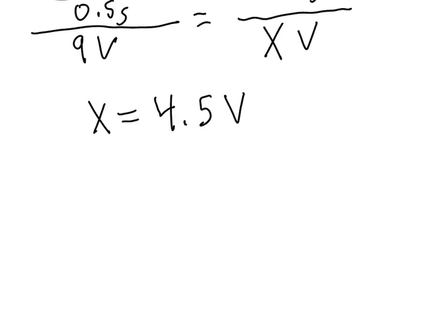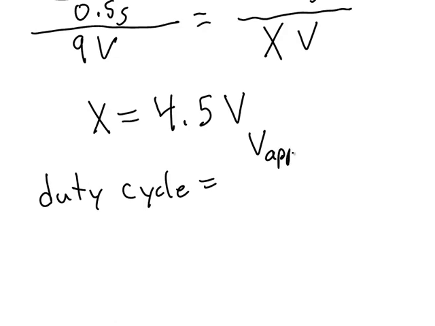So remember that the duty cycle is equal to the voltage we're trying to apply divided by the maximum voltage, and then times 100 because we express duty cycle in percent.